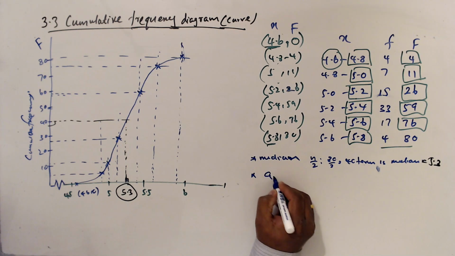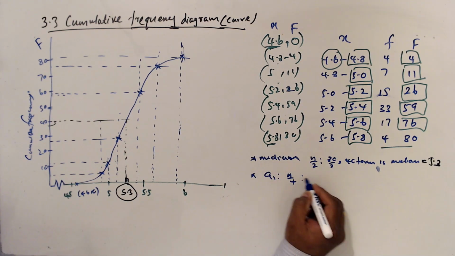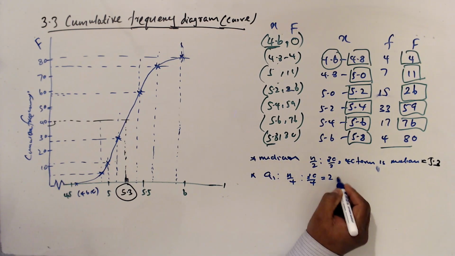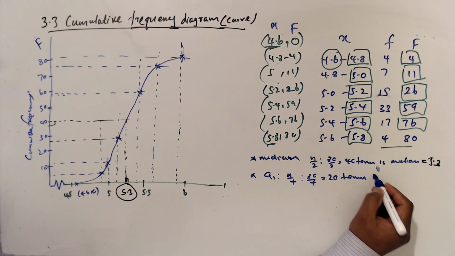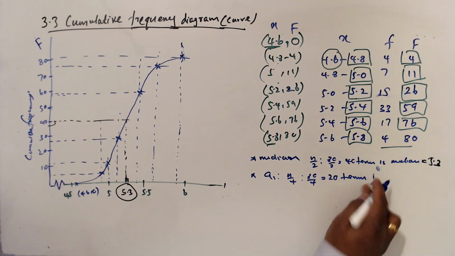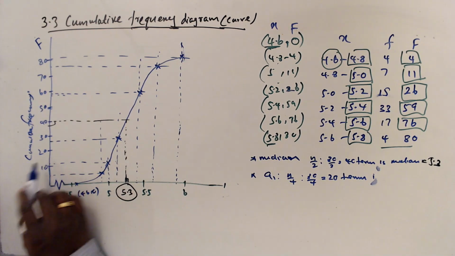Now let's calculate the first quartile. Q1 is n divided by 4, 80 divided by 4, which is the 20th term. So what is the 20th term?